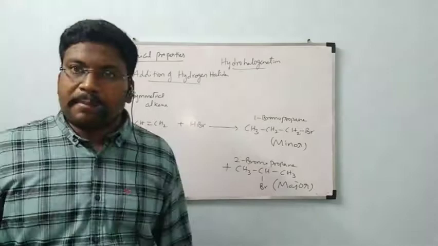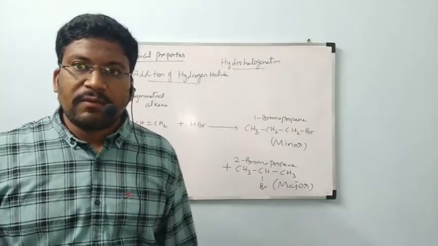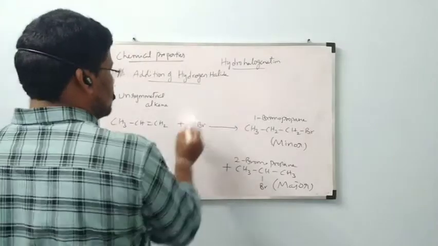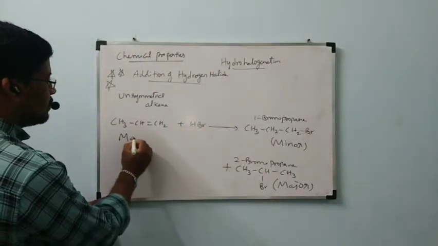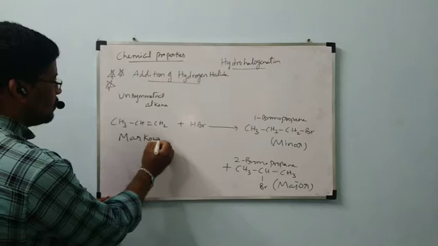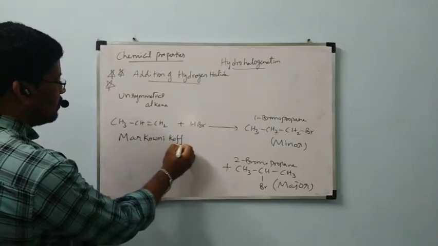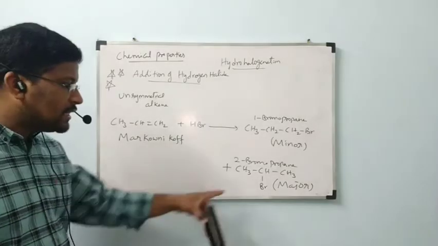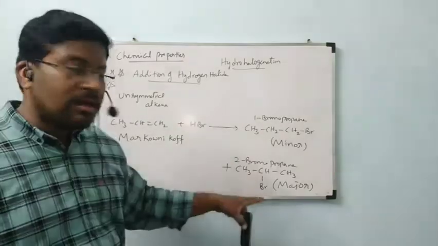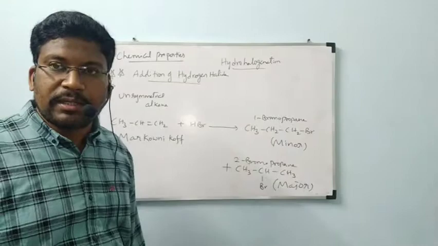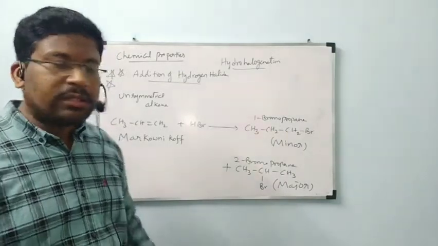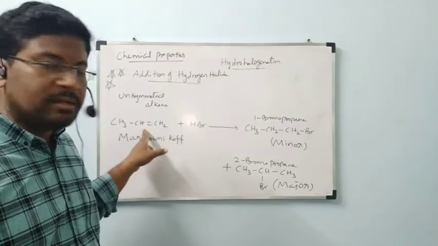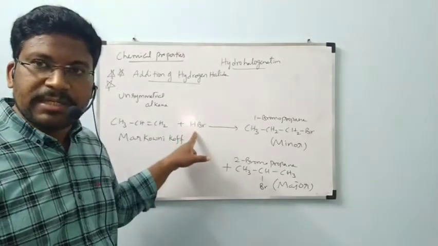That major product and minor product identification was given by Markovnikov, the name of the scientist. How can we recognize this is the major product and this is the minor product? 100 molecules of unsymmetrical alkene are present, 100 molecules of HBr are present.